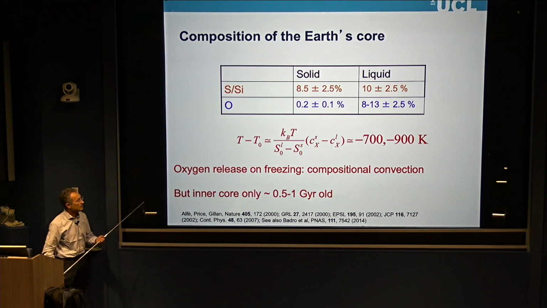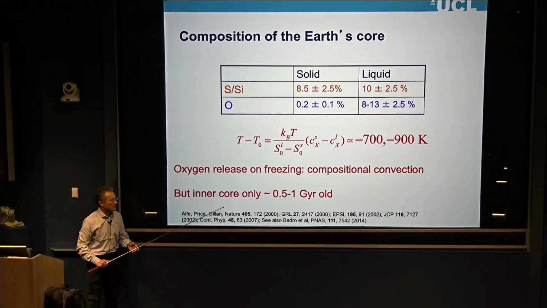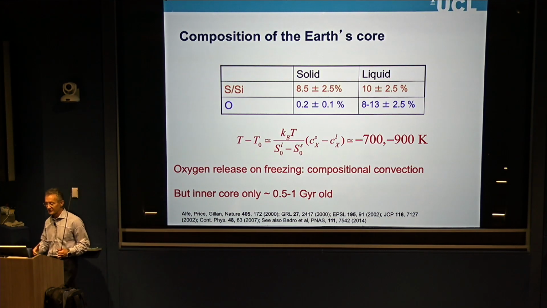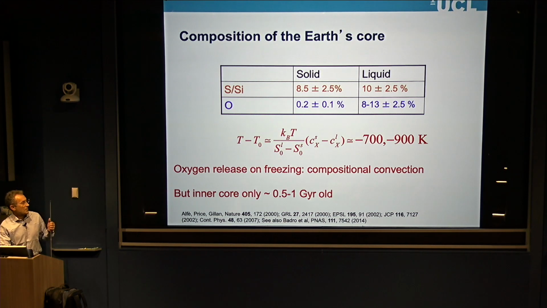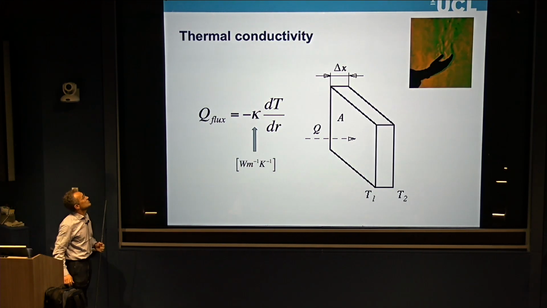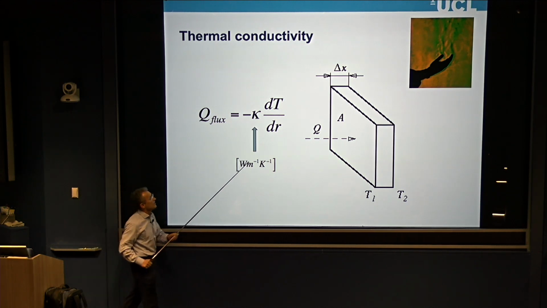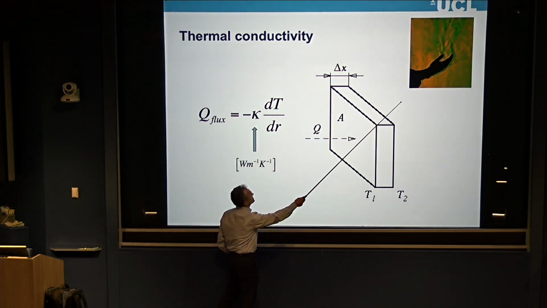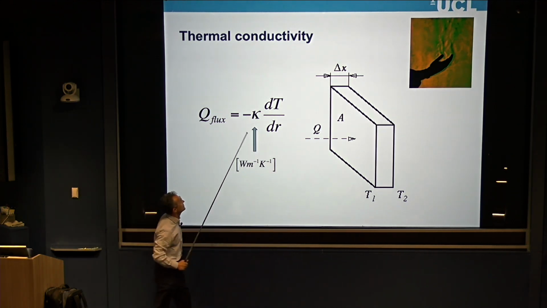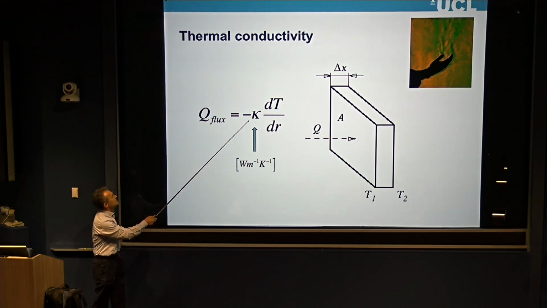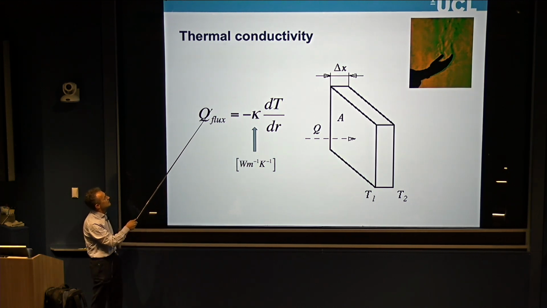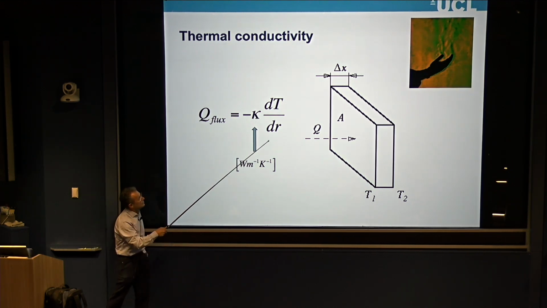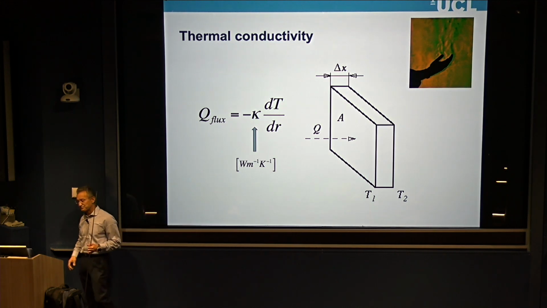So how was this convection being sustained before this process started? Before the inner core started to grow, this mechanism was not available. So the general wisdom was that this was due to thermal convection. But thermal convection is, as we said, entirely determined by the thermal conductivity, which is this constant here that relates the heat flux through a material to the temperature gradient.